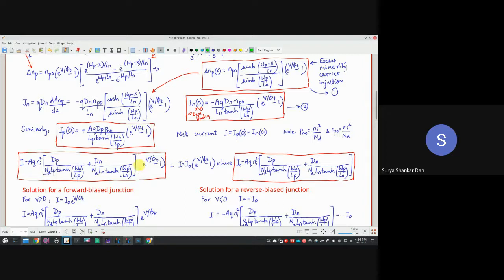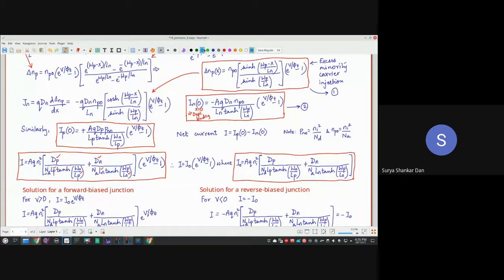Whenever you are trying to make a circuit, you are only concerned about the voltage dependent part. So this part we can essentially call the device related part, which will include material dependence. For example, the material dependent parts are Dp, Dn, Ln, Lp.